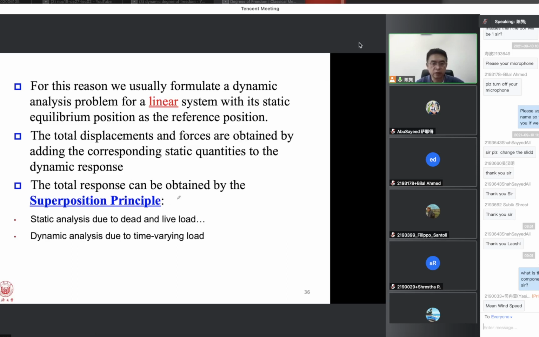The total response is obtained by the so-called superposition principle. We can use this idea to solve static analysis due to dead load and live load. Live load also means dynamic load. So you can solve two kinds of problems, then add them together.